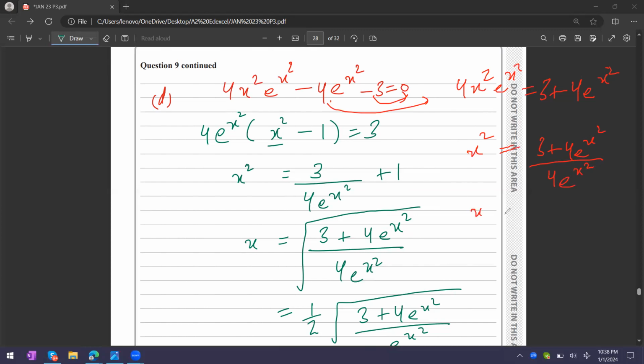Now you can distribute the denominators like we were doing before. It will be, yeah, 1 by 4. You can take the square root, so we get rid of this 4 in the denominator.